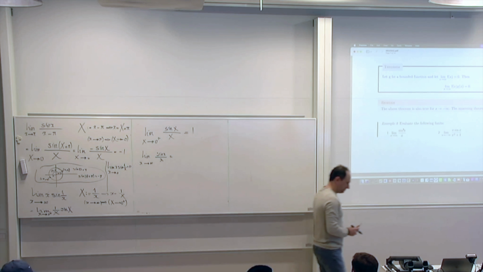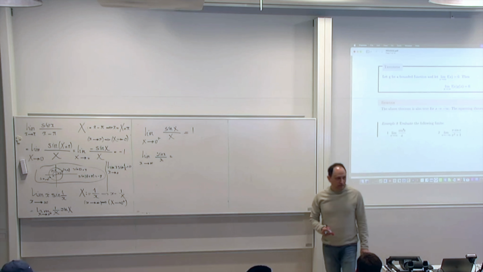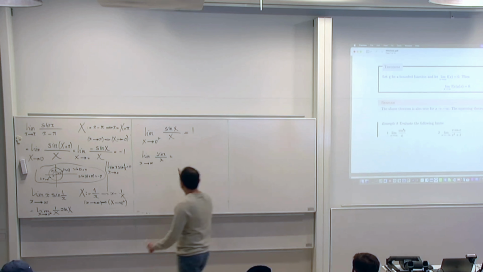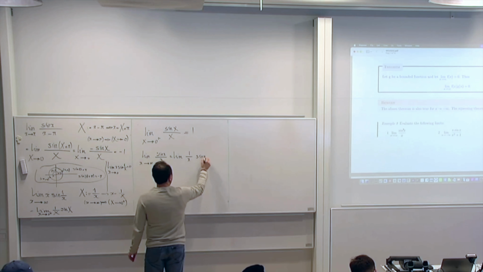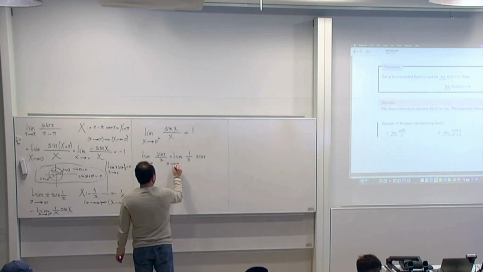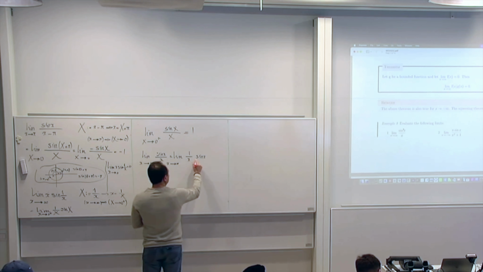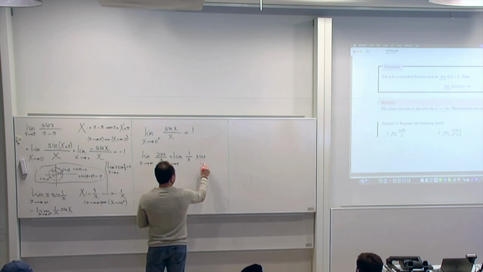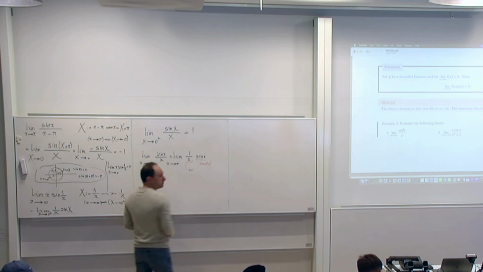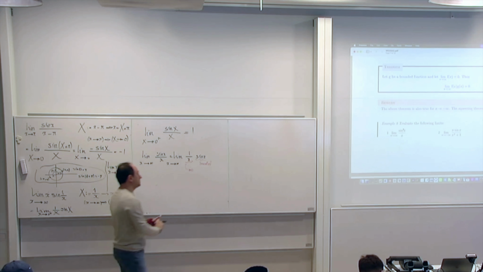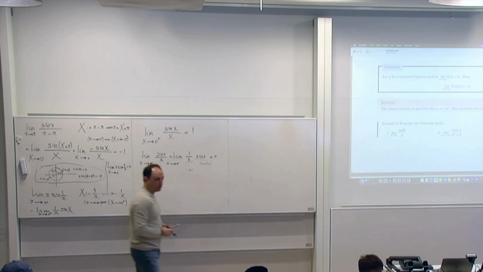We can split that function into 1 over x times sine x. So this becomes the limit of 1 over x sine x as x goes to infinity. Do you agree? But this is bounded, and this goes to 0. So according to this theorem, the answer is 0.